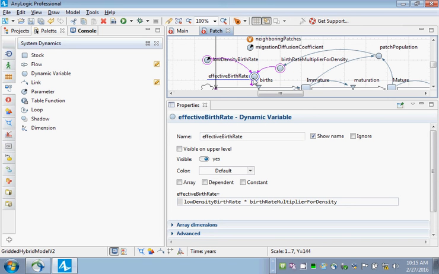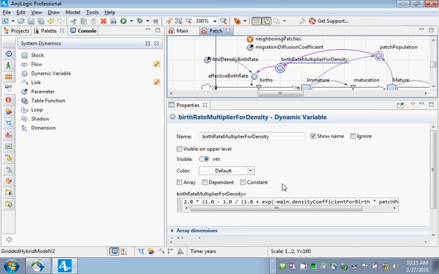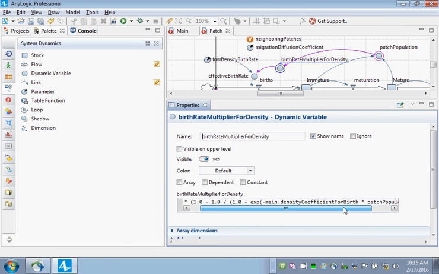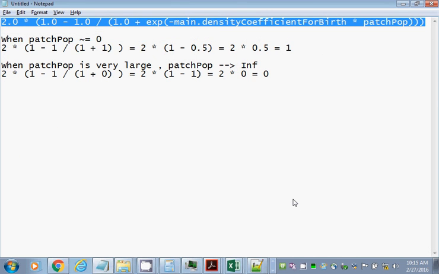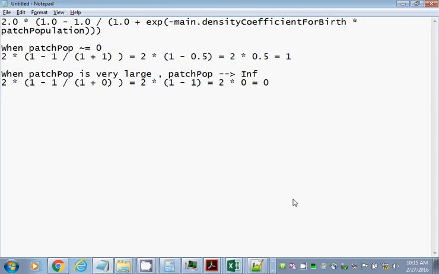Sorry, we had one other thing we wanted to do. For the mean birth rate, I would like to use the value 0.2, and we should probably call this now mean low density rate.